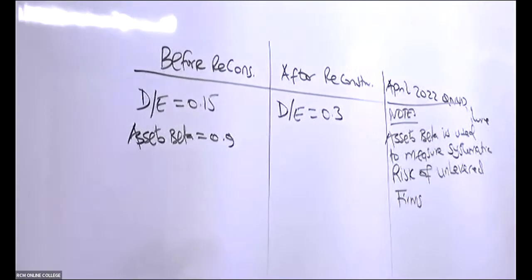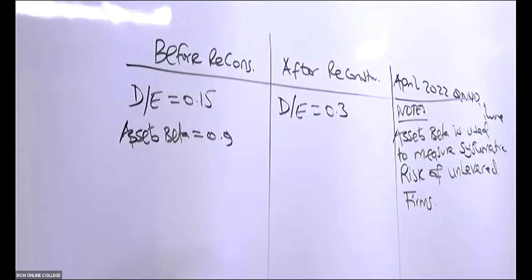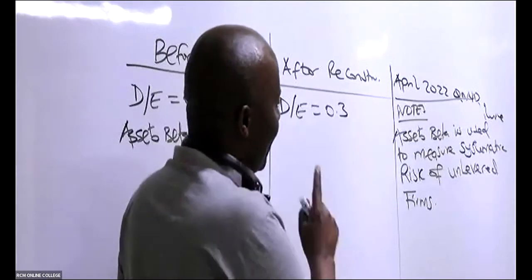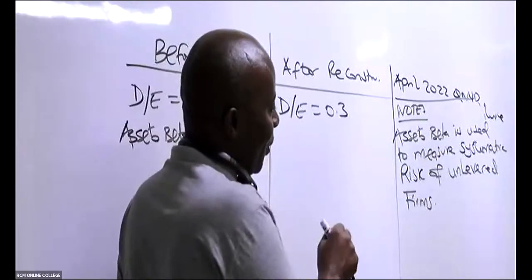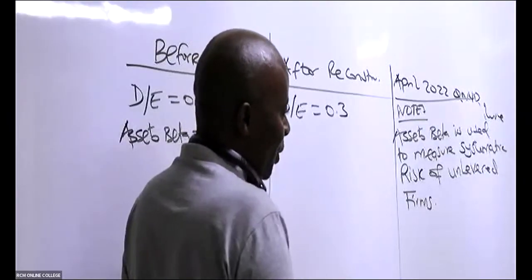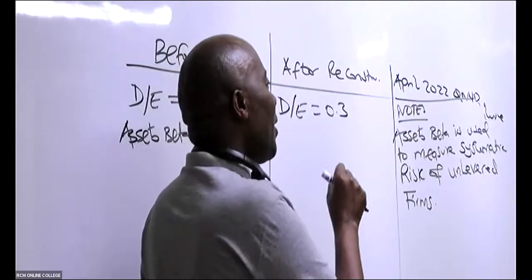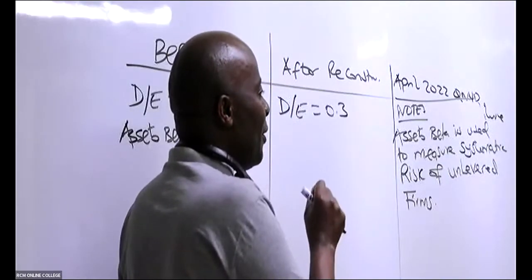So anytime we talk about asset beta, it is used to measure systematic risk of unlevered organizations. So we must get a way of changing this beta to what we call equity beta.